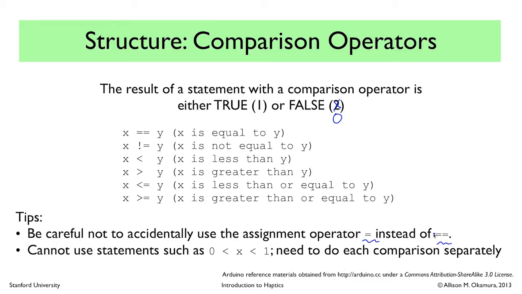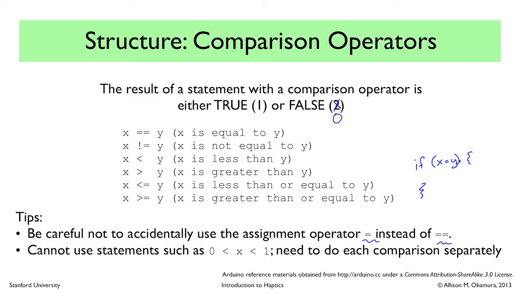One mistake that we often see in beginning programmers is that people accidentally use the assignment operator instead of the comparison operator. So if you said something like, if x equals y, and then there was some code in here to run, what's going to happen in this if statement is it's just going to assign x the value of y, and that value may be some number, and as long as that number is not 0, although true gets assigned a value of 1, any number that's not 0 will get interpreted as true by the Arduino compiler.